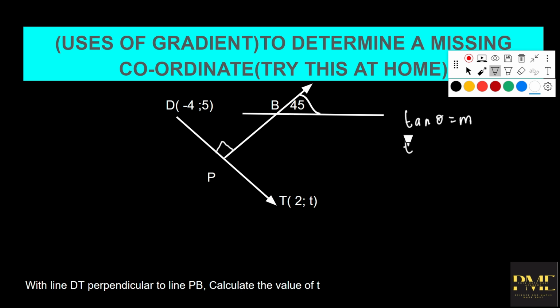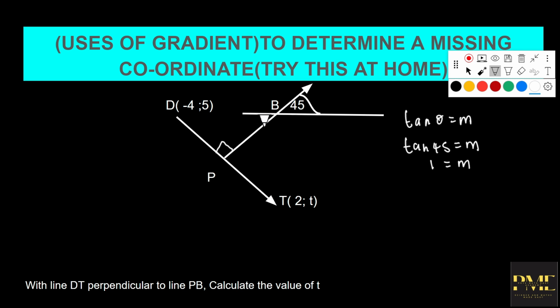So therefore we will have tan 45, right? It is equal to the gradient, okay? And then if you punch in tan 45, or maybe use the concept of special angles, right? You find that tan 45 is 1 and therefore our gradient is 1, okay? All right, cool.